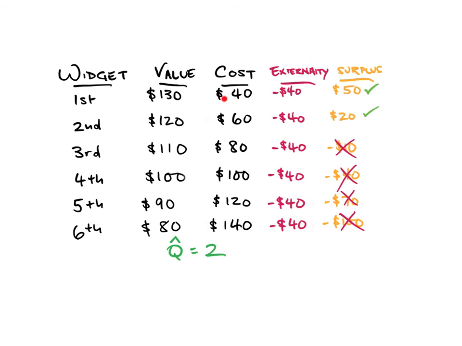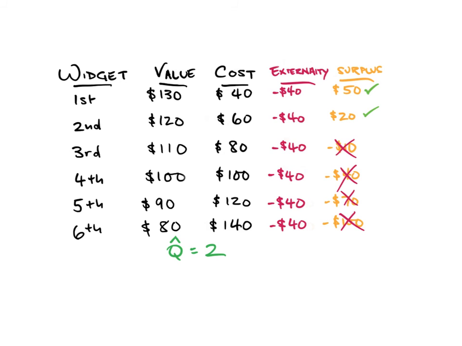It costs $40 to produce. It causes $40 of damage. Therefore, the final result is it brings $50 of surplus to society. Similarly, the second widget, $120 of value, $60 of cost, $40 of environmental damage, brings $20 total value to society. So both of those are worth producing.